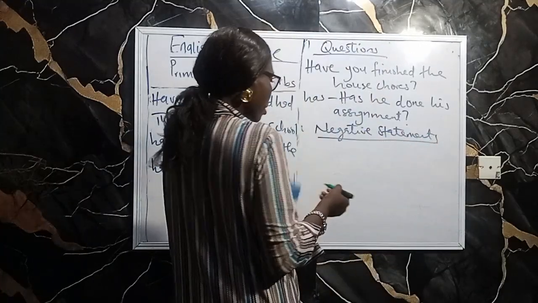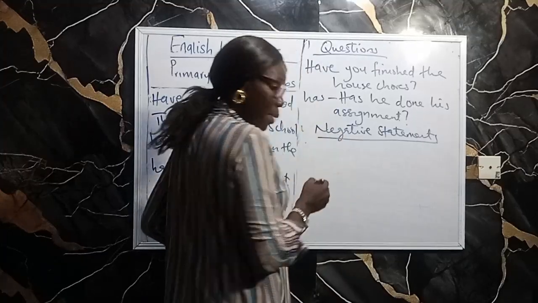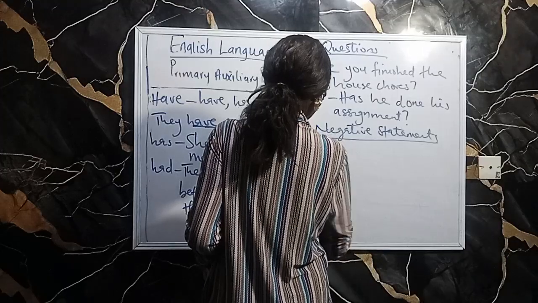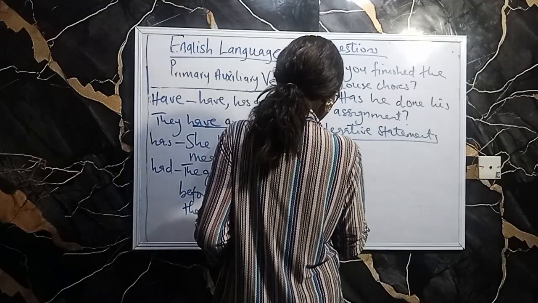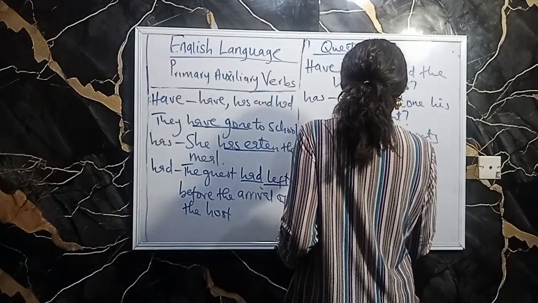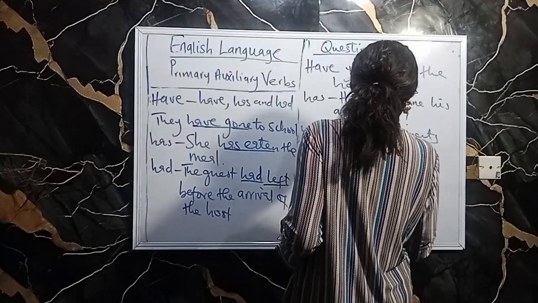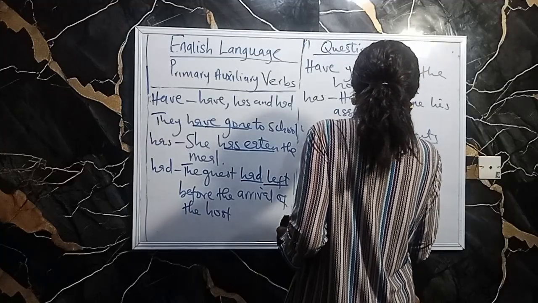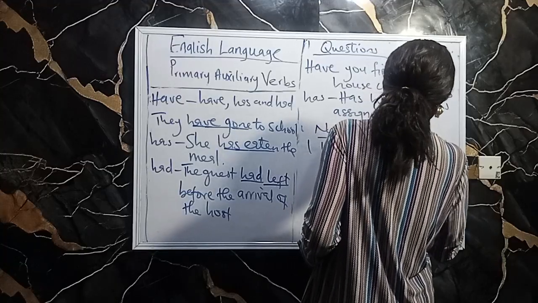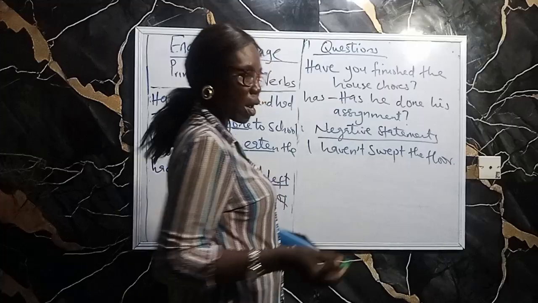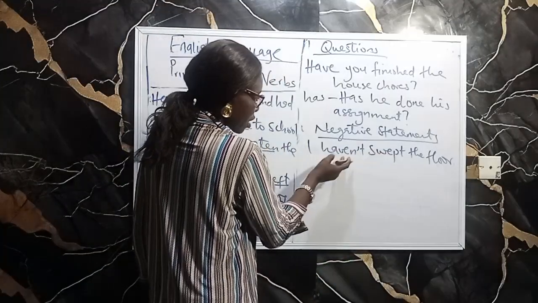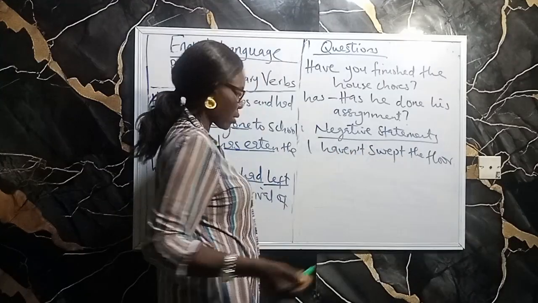For example, we can use have. And remember, negative, not will be there. Okay? I haven't, or I have not swept the floor. I have not swept the floor. Okay, this is it. Haven't. This is a negative statement. You have it with the main verb, swept.